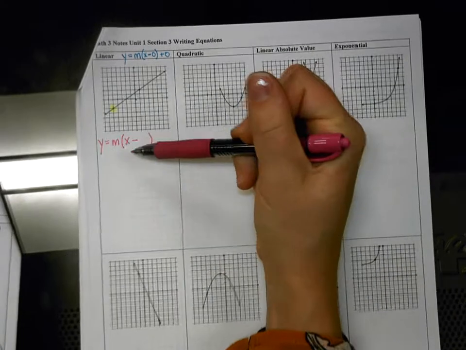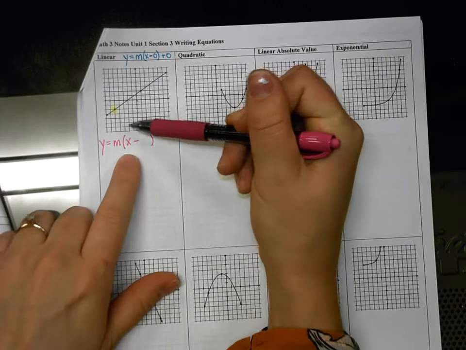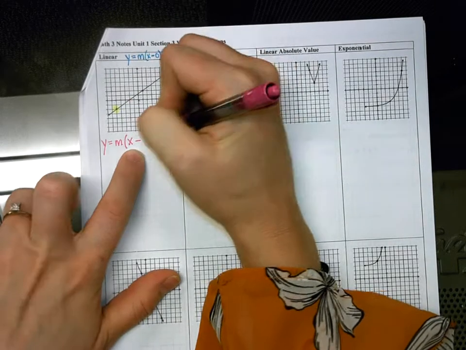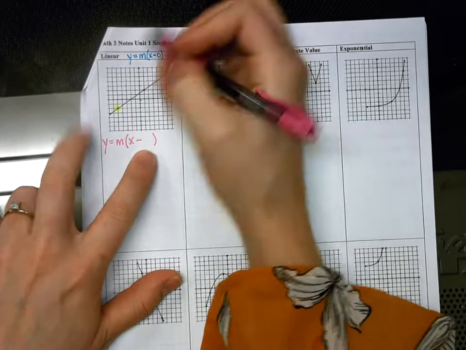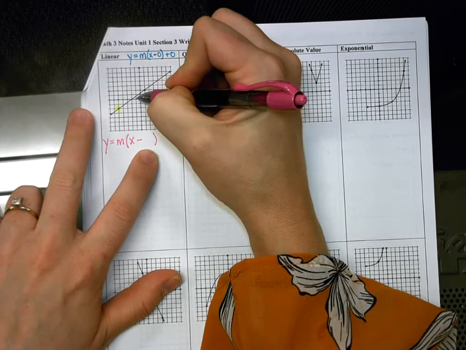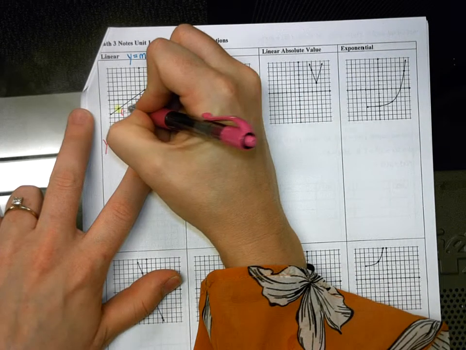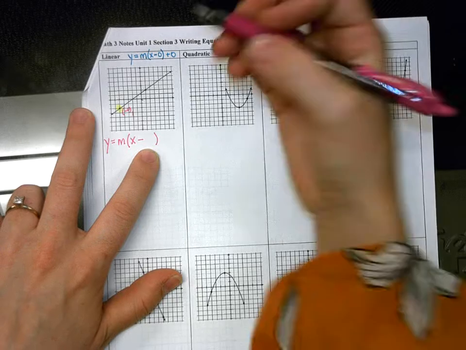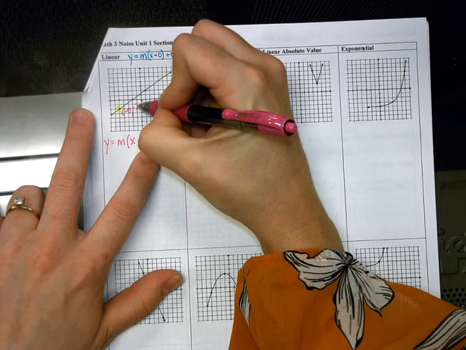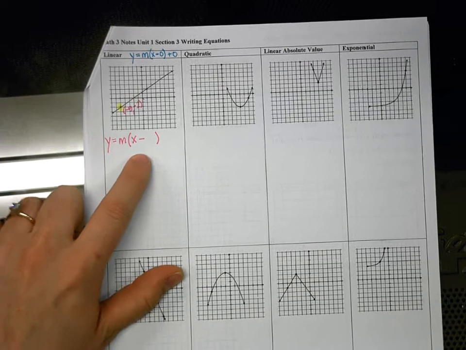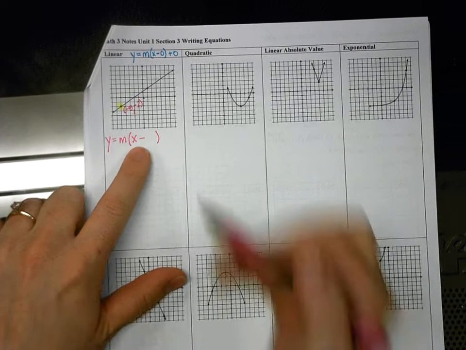So after x, let's figure out this point in order to plug it in for my horizontal and vertical shifts. So this point is -5 what? -2. So if that's -5, -2, how am I going to write this inside the parentheses?